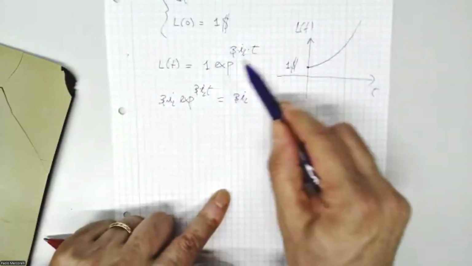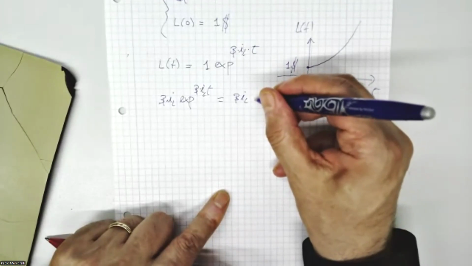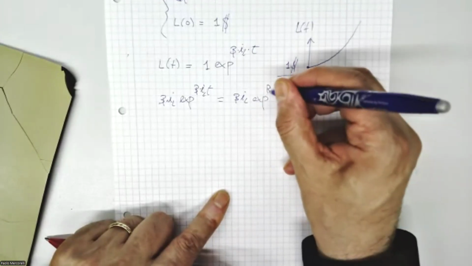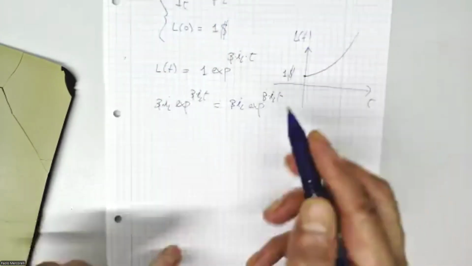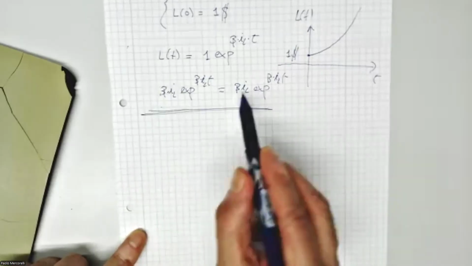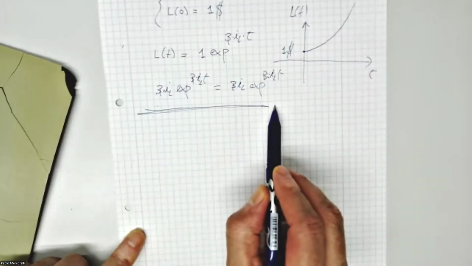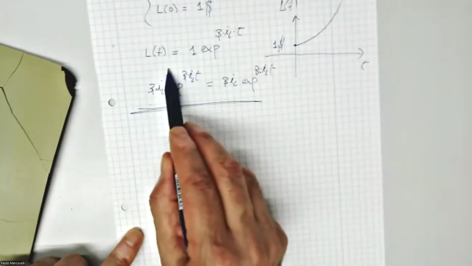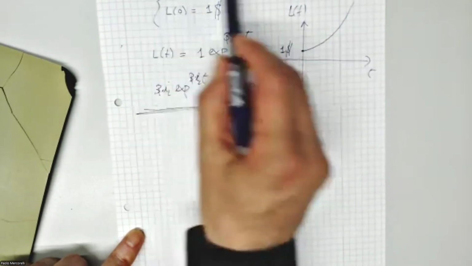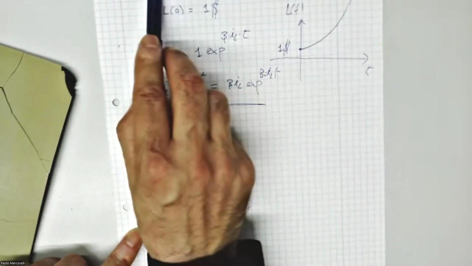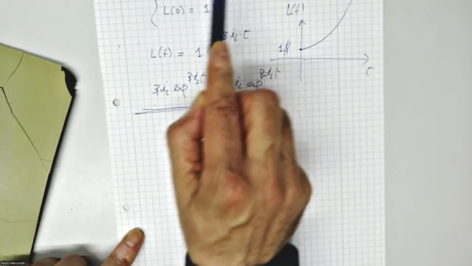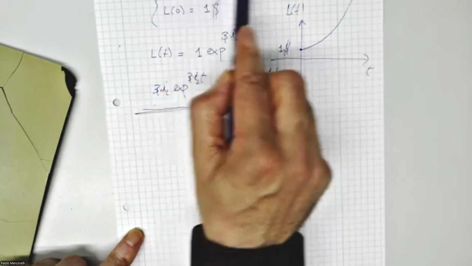Now, if I put this directly, it's a trivial condition, which is left equal right. This means this expression here satisfies this equation here. The equation means that the left part is equal to the right.